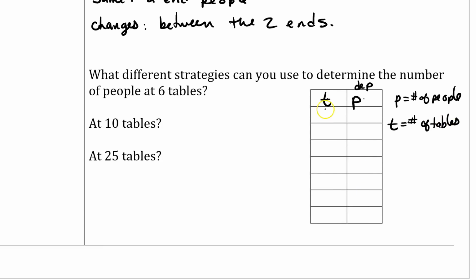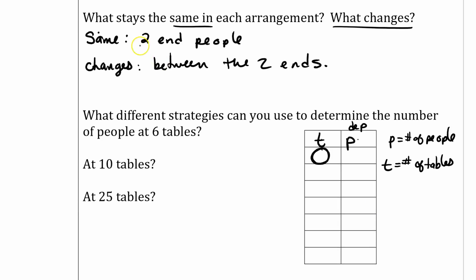Now we're going to leave the 0th table. Remember, that's just our constant, so that's what stays the same. So the thing that stays the same is the 2 end people, so I can just put that in right away. Sometimes it's easier for us to fill this in initially, and sometimes it's easier to just record the data first and then go back to it.